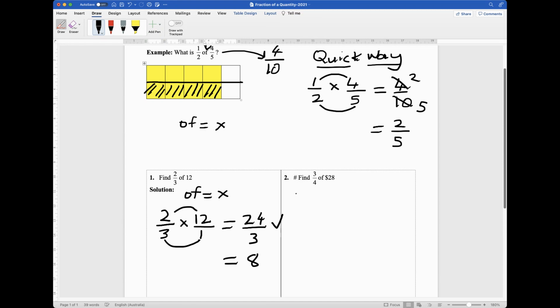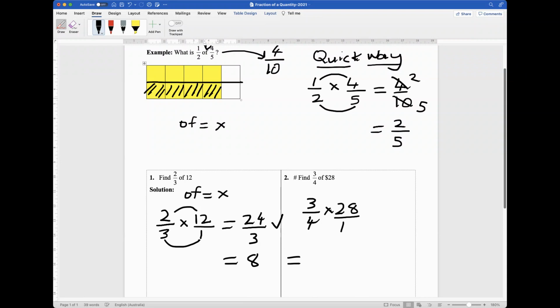Now pause the video and try this question here, 3/4 of $28. Okay, so let's have a look at the answer. So we've got 3/4, we change the of into a times, and then we have 28. Now remember, for whole numbers, we write them over 1.